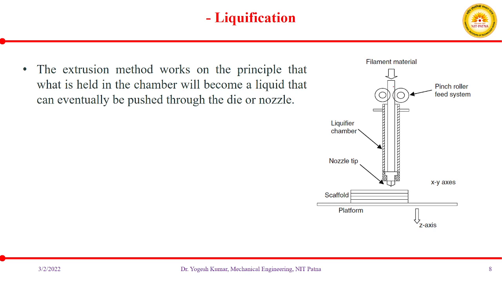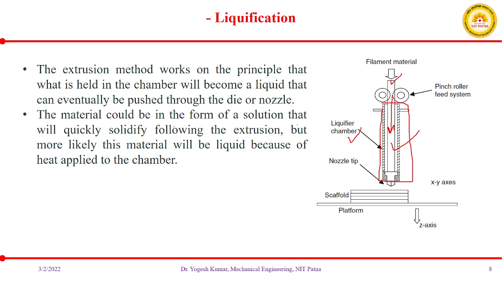Okay, so your material which is coming inside this nozzle is in a solid form, but as soon as it goes inside this liquefaction chamber, your nozzle has a liquefaction or liquefier chamber. In this liquefier chamber, some heating arrangement is done.